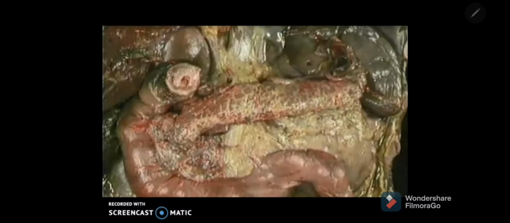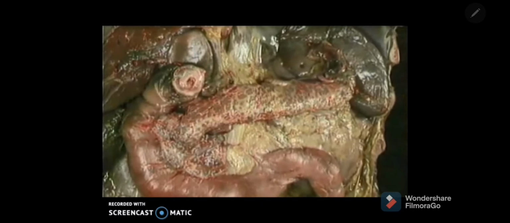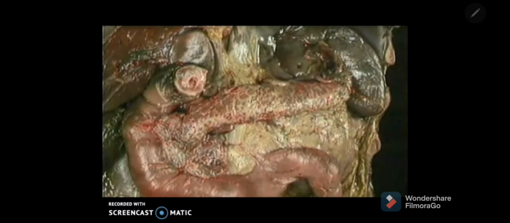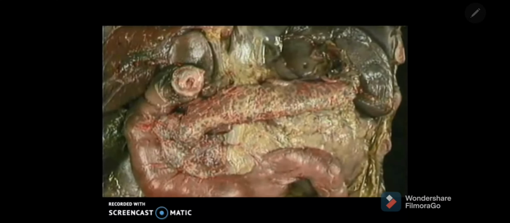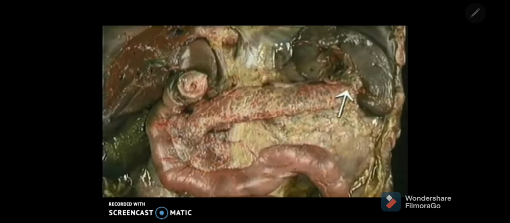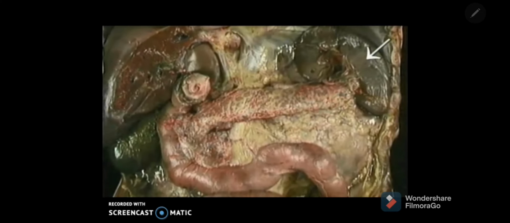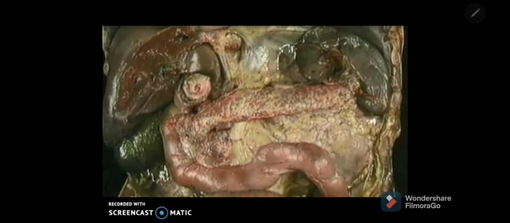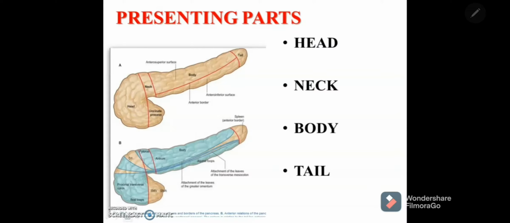You can see here, and you can notice the C-shaped concavity of the duodenum here, and here is the pancreas, a J-shaped soft lobulated gland, or retort-shaped, flask-like. So the pancreas extends upwards, backwards and towards the left, and that is the spleen, a secondary lymphoid organ or hemolymphoid organ.